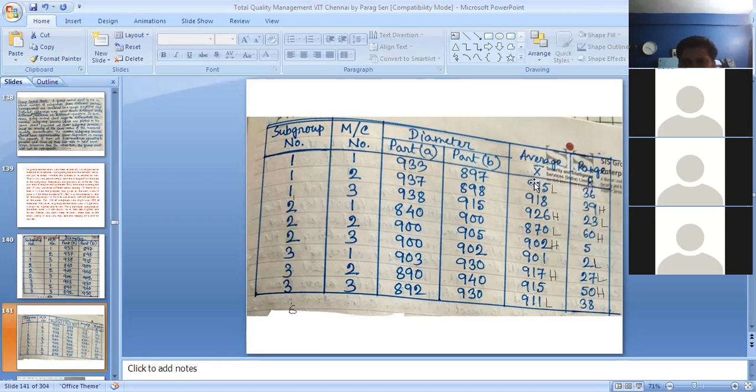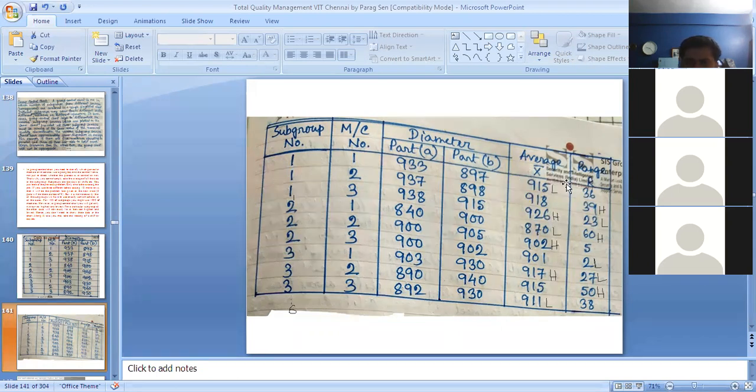Why? Because the other values lie within the highest and lowest.